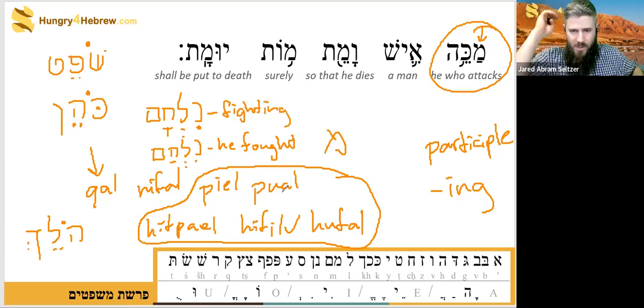So those are the participles in all of the binyanim. In these forms here, Piel, Pual, Hitpael, Hufal, you're basically going to take the Yiktol form, and instead of that Yiktol prefix, put a mem. If so, how would you say he will attack?